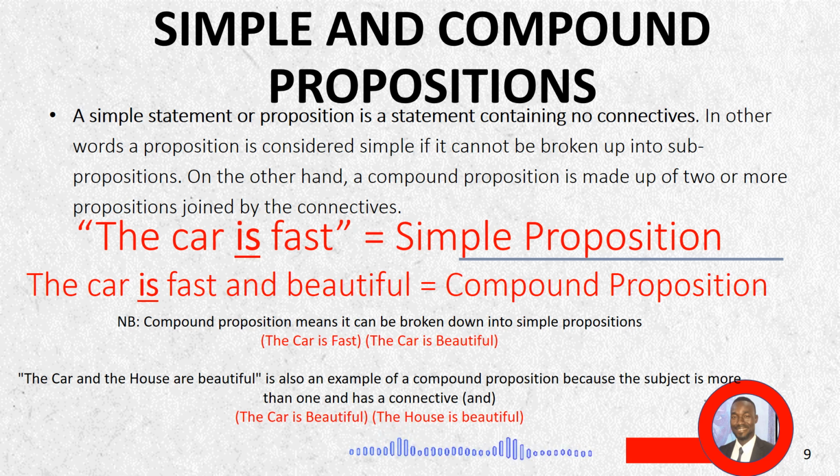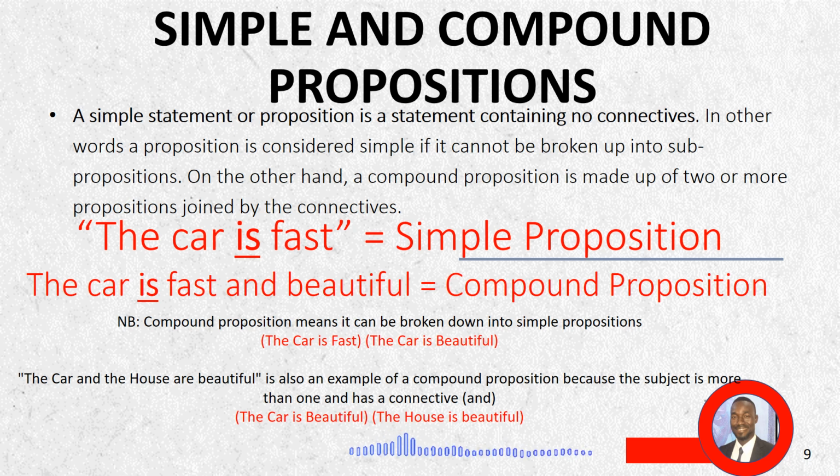And this brings us to the notion of simple and compound propositions. A simple statement or proposition is a statement where the subject or predicate has no connectives. In other words, a proposition is considered simple if it cannot be broken into sub-propositions.